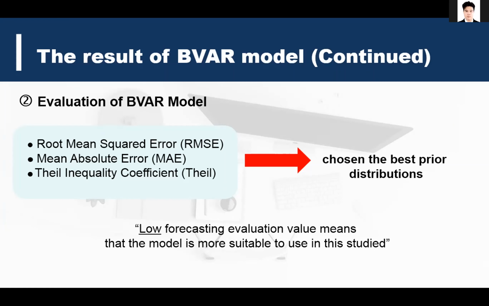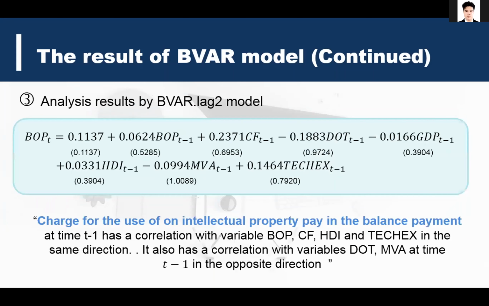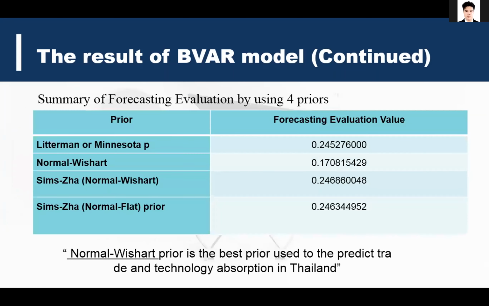A low forecasting evaluation value means that the model is more suitable to use in this study. I found that the normal Wishart model is the best prior to use.